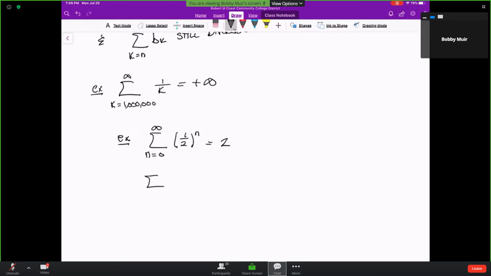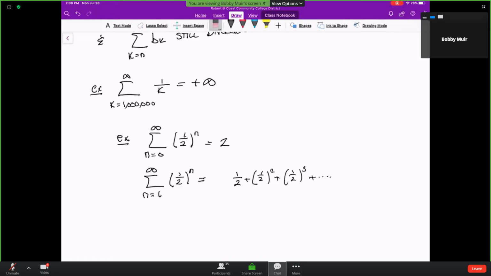Now, if I take away the first term, what I can do, now this is where we're kind of playing loosey-goosey here with the rules, it's equal to 1/2 plus 1/2 squared plus 1/2 cubed. Now what I want to do is factor a half out. It turns out I'm allowed to do this, but I just don't know that I'm allowed to do it yet.